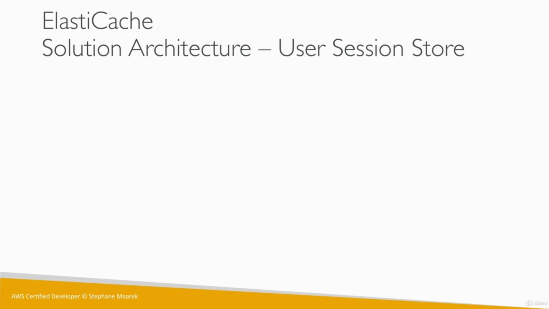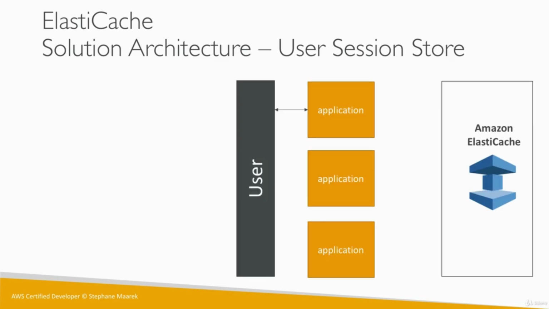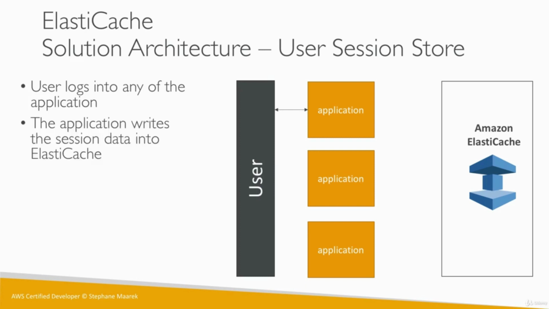Now, another solution architecture you must know is user session store. In this case, our user logs into our application, and our application is stateless, so that means there's a bunch of applications running. Maybe they're running in an auto-scaling group, and so all of them need to know that the user is logged in. So the process is such: the user logs into one of the applications, and then the application will write the session data into ElastiCache.